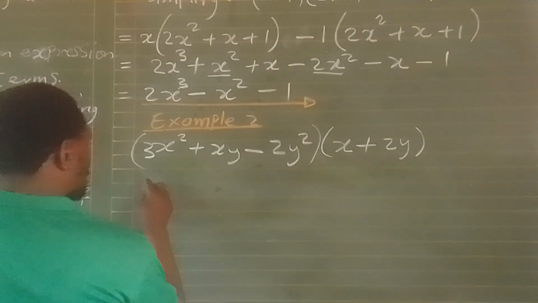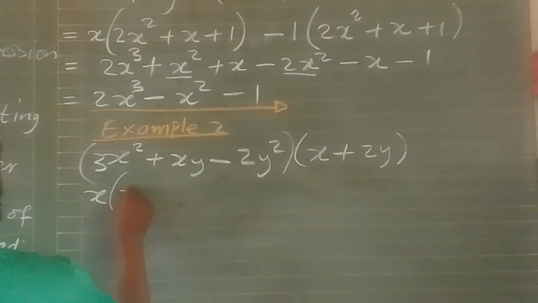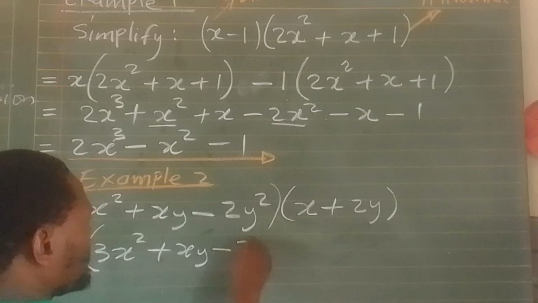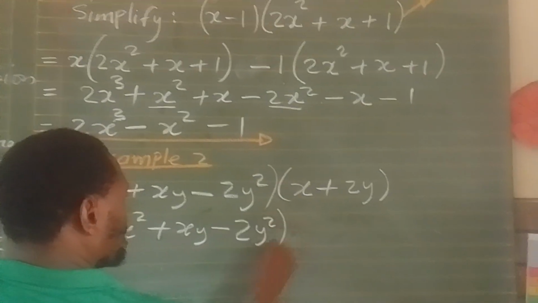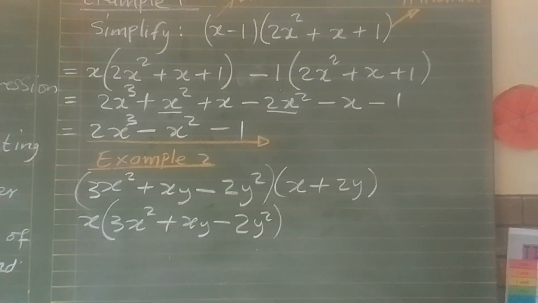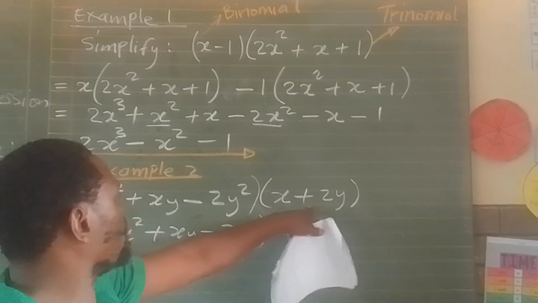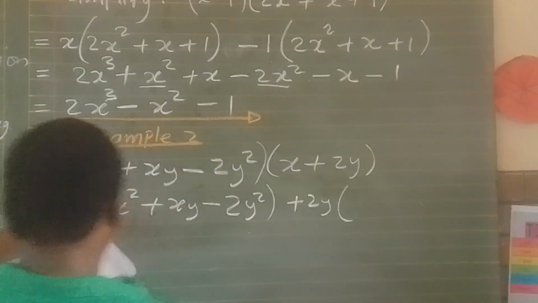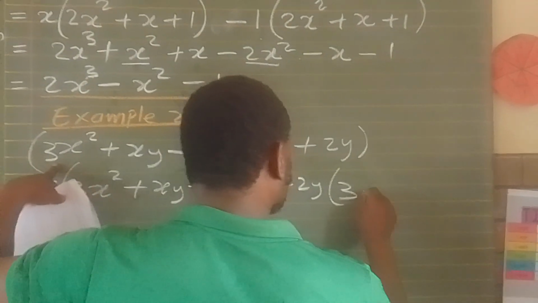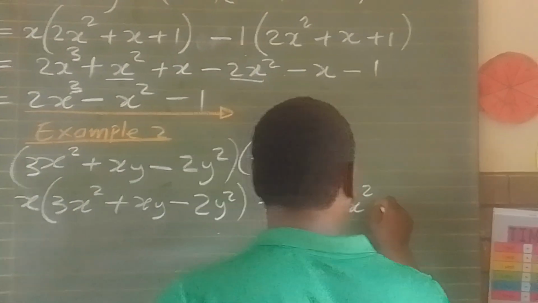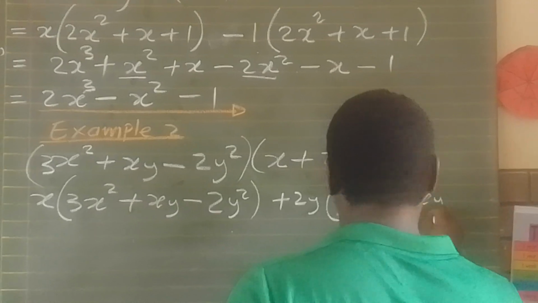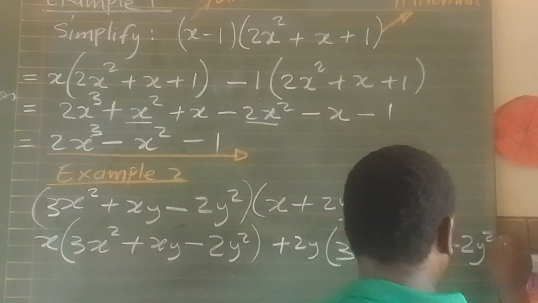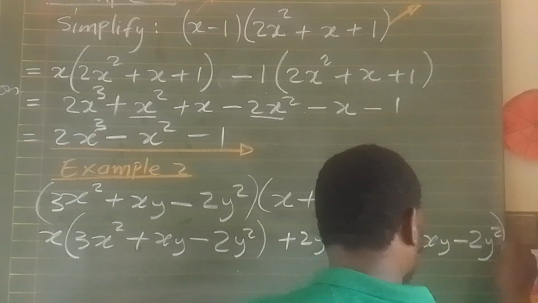So you grab your x, multiply it by 3x squared plus xy minus 2y squared. You close your bracket, then distribute plus 2y into 3x squared plus xy minus 2y squared.